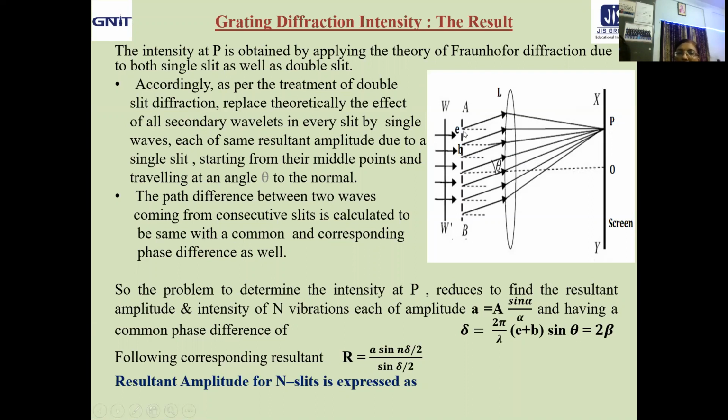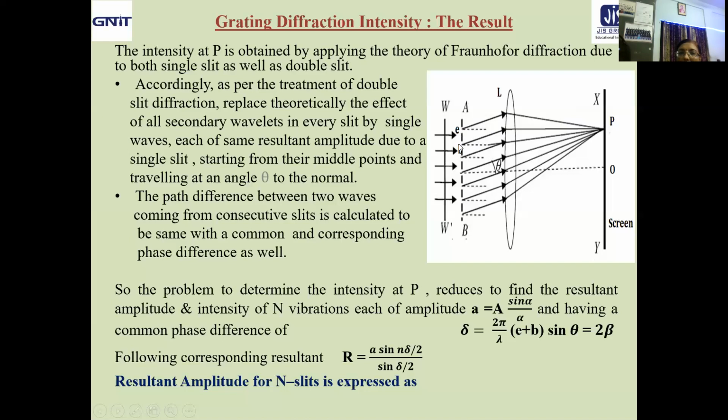How to get that path difference? From this point, we drop a perpendicular which makes the same angle theta, just like this. From this point, the paths are equal. So if you drop a perpendicular here, say at C, then BC will be the corresponding path difference.